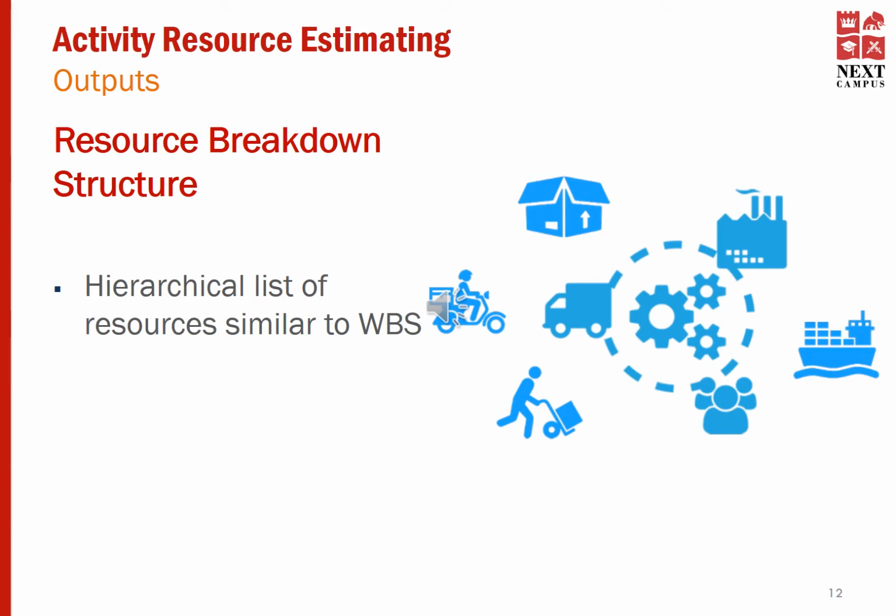Resources include human resources and non-human resources such as materials, services, machines, equipment, etc. Having a clear resource breakdown structure will allow the project management team to ensure that the resources are correctly distributed among the activities.